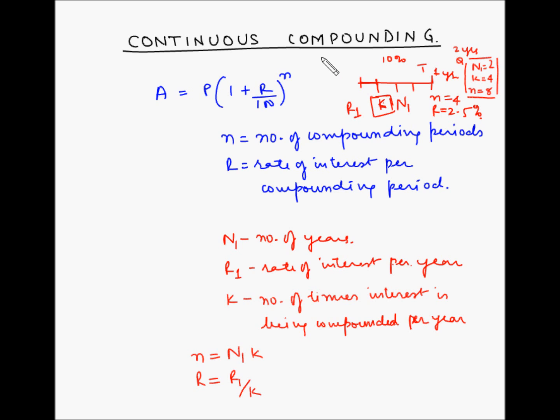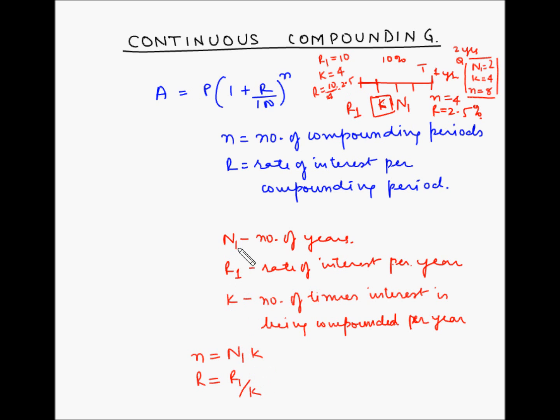So in this case, R1, which is rate of interest per year, is equal to 10. K, which is equal to the number of times interest is being compounded per year, is 4. And so R is equal to 10 divided by 4, which is equal to 2.5.